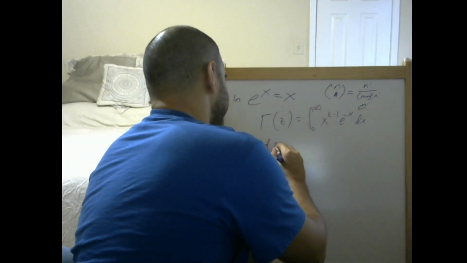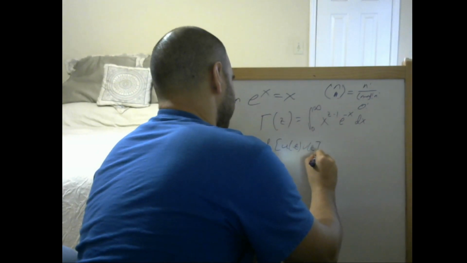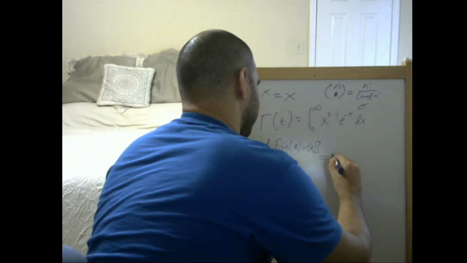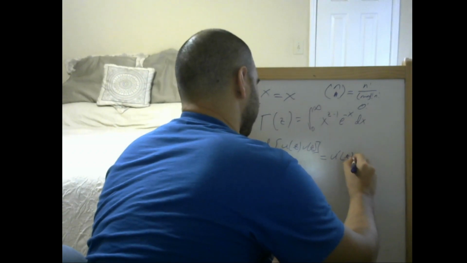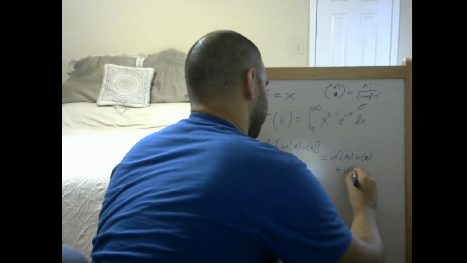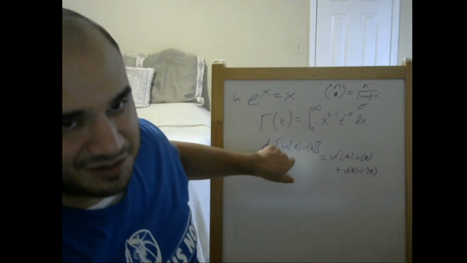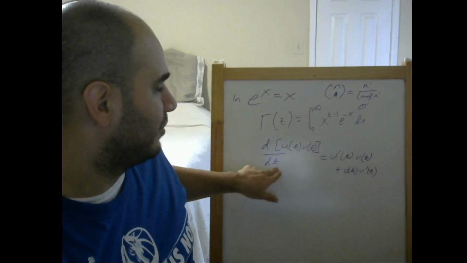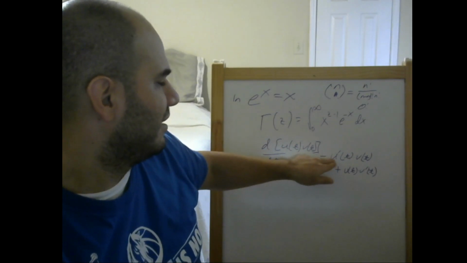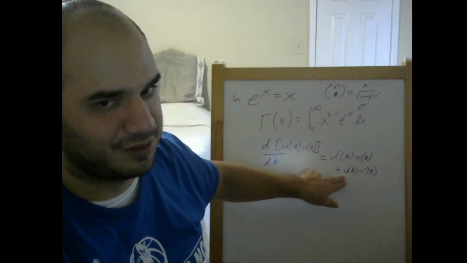So if we take the derivative, with respect to the variable t, of two values which both depend on t, then it's the derivative of the first times the second plus the derivative of the second times the first.